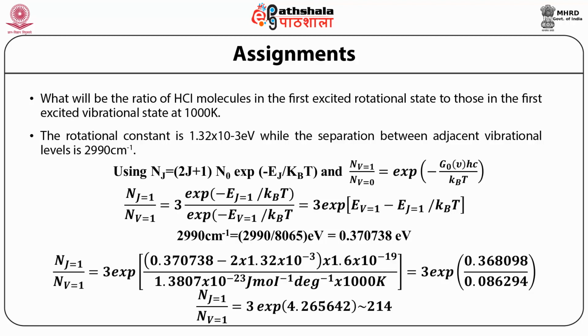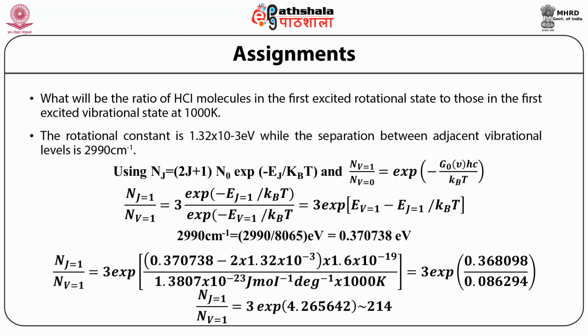So, writing Nj equal to 1 upon N nu equal to 1 gives us thrice times exponential minus Ej equal to 1 upon kBT upon exponential minus E nu equal to 1 upon kBT, is equal to 3 exponential E nu equal to 1 minus Ej corresponding to 1 upon kBT.